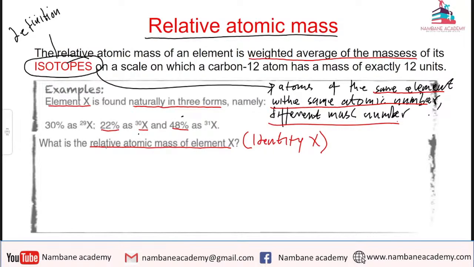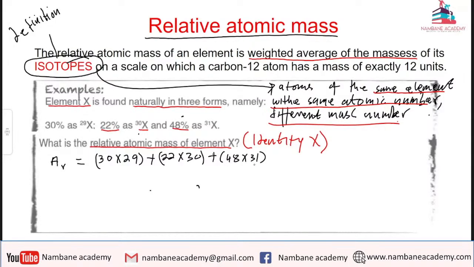To calculate the relative atomic mass, AR, or average atomic mass, is basically 30 multiplied by 29 plus 22 multiplied by 30 plus 48 multiplied by 31, but all of these must sum up to 100%.